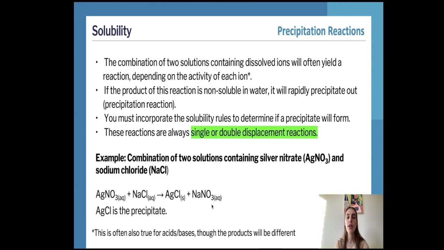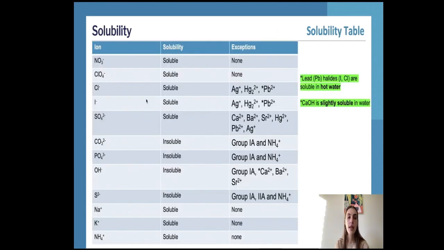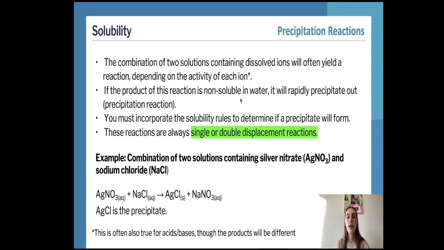We want to look at our solubility table to determine if these are soluble. We can look for Cl, and we can see Ag is an exception to the solubility of chloride ions, so we know that AgCl is not going to be able to be dissolved. It will be insoluble, and so it will be a precipitate. Then our other one was NaNO3.